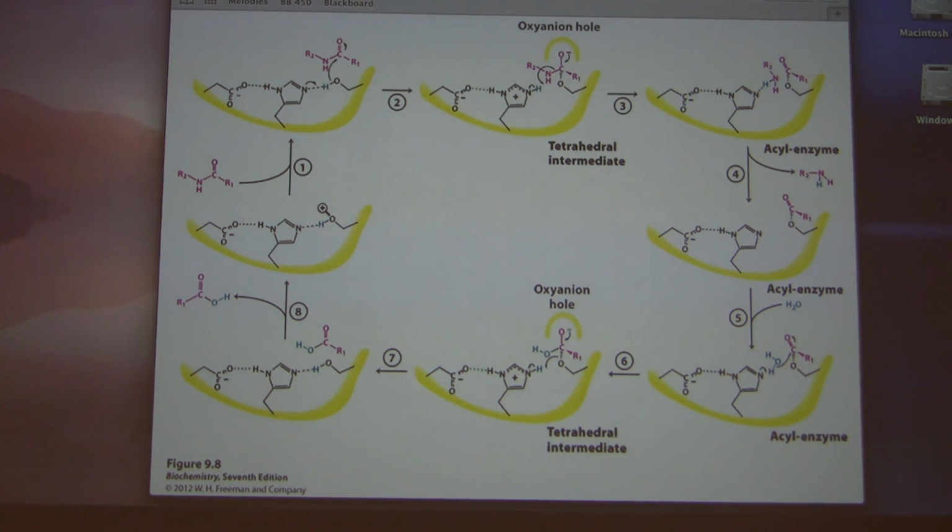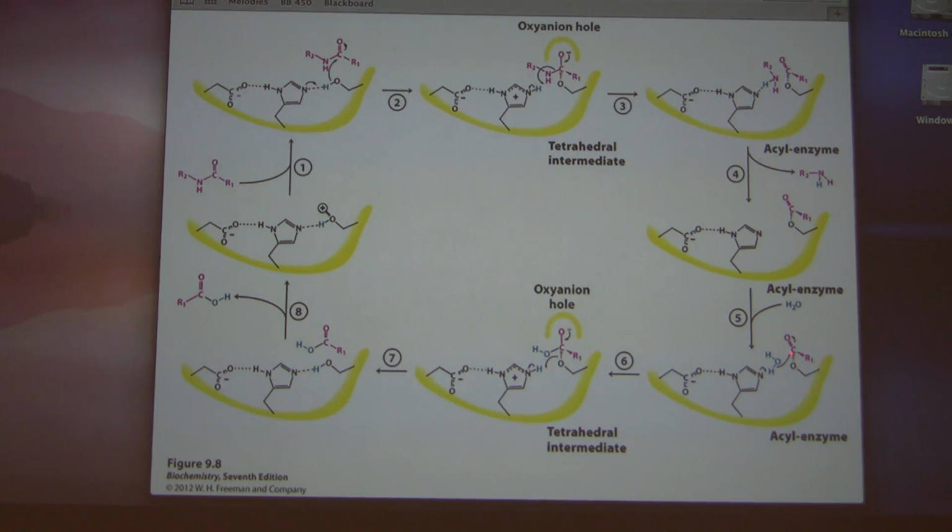There's good news. The good news is the mechanism for getting rid of it is very similar to what you've already seen. It involves a molecule of water. A molecule of water pops into the active site, and guess what happens? There's a lot of electrons in this ring. They pull a hydrogen off of water, leaving a nucleophile, this nucleophile being the OH group, which now attacks the same carbon that we saw before.